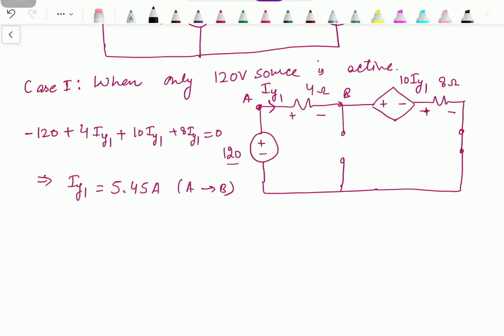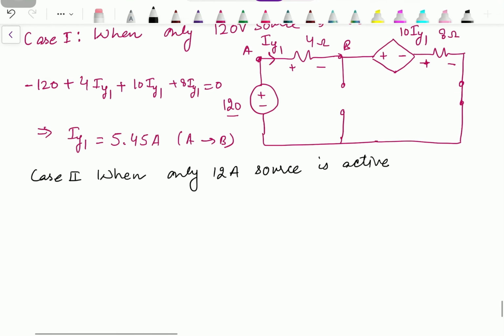Then we have the second case, case 2, when only the 12 ampere source is active. When the 12 ampere source is active, the 120 volt source will be replaced by a short circuit. Here we have the 12 ampere source.